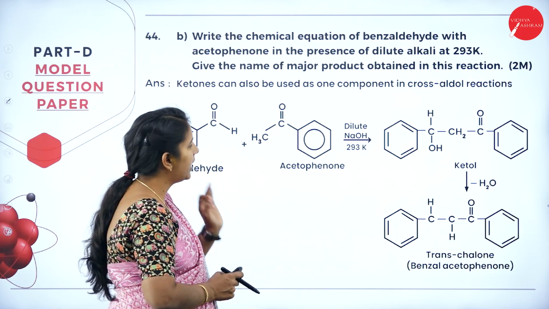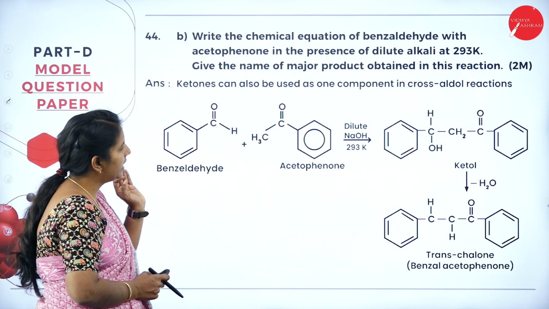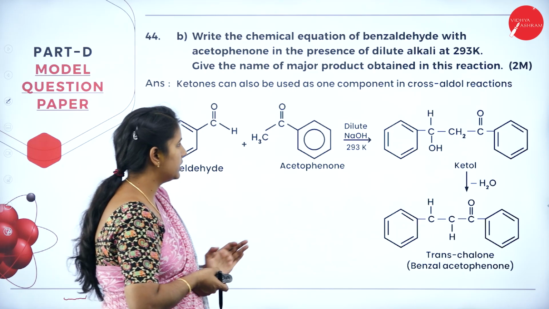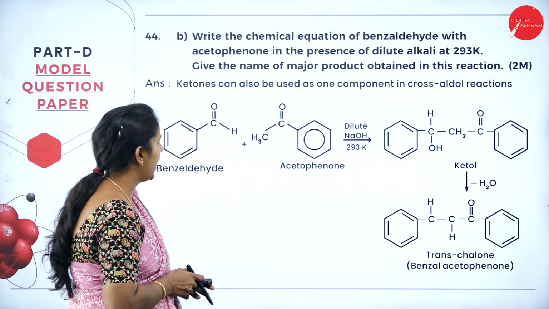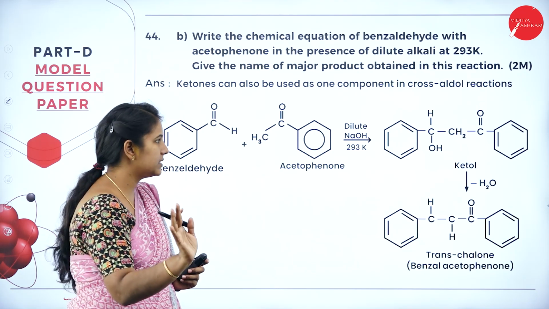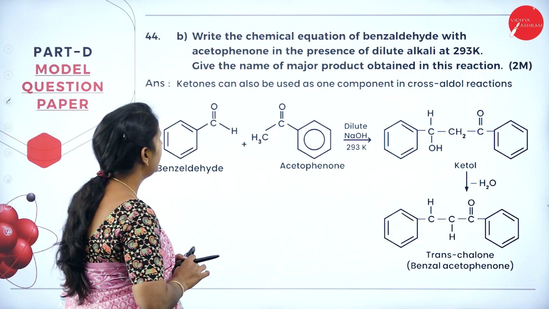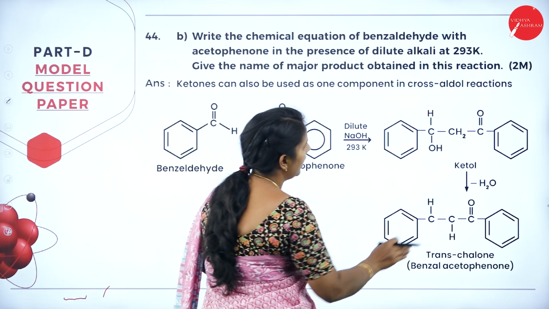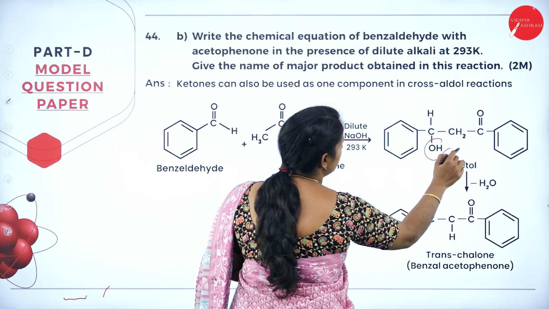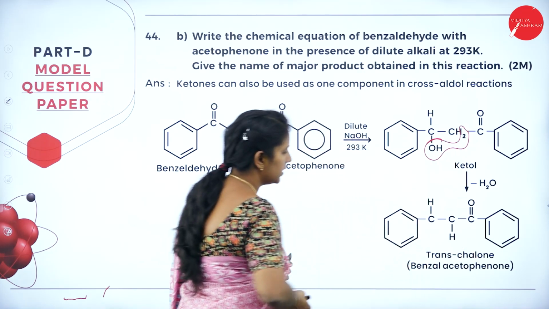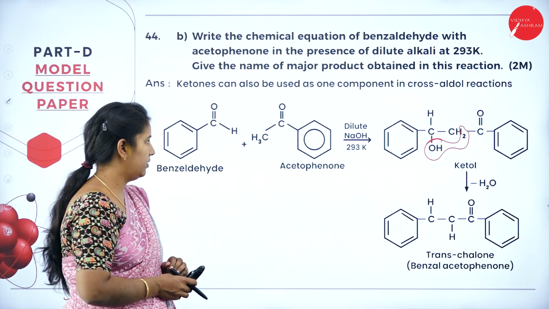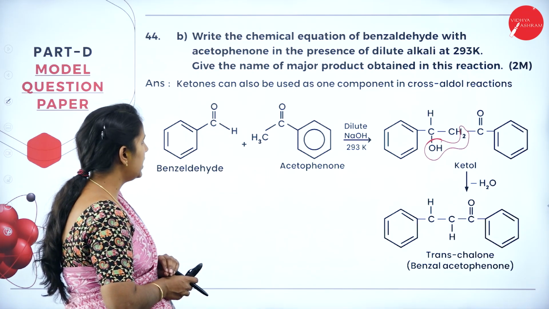In presence of very dilute base, you can see that benzaldehyde is not having alpha hydrogen, while acetophenone has alpha hydrogen. In presence of a dilute base, what will happen? A simple molecule called water is eliminated, and thereby it forms a ketol. The ketol in turn loses a water molecule and forms a trans alkene, which we call benzalacetophenone. Okay, benzalacetophenone is formed.